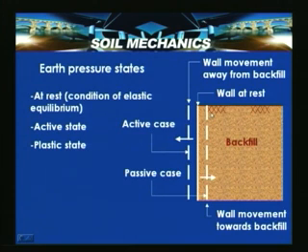With that you can get a uniform movement for the wall. In this case, a wall movement away from the backfill by a displacement, say delta h, arises a case that is referred to here as the active case. If the wall is pushed towards the backfill, then that is referred to as the passive case.